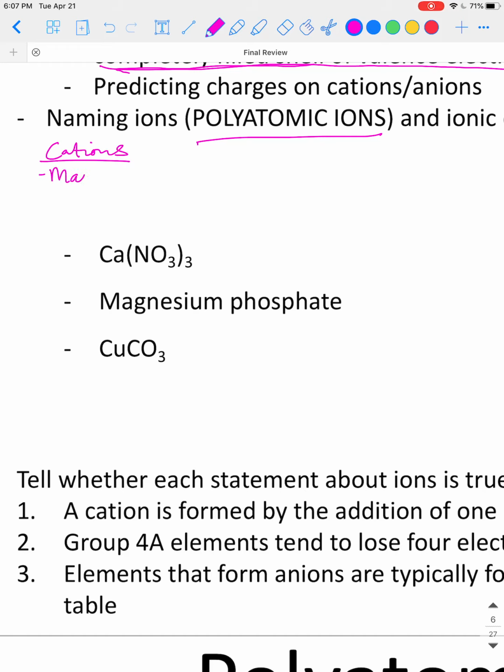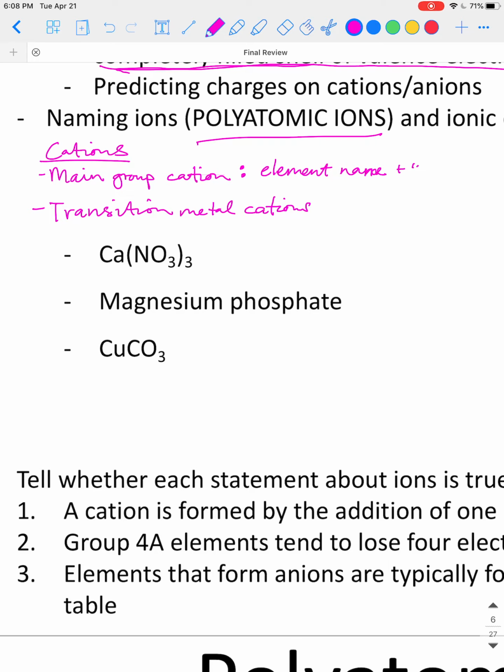If we're naming cations, there's a difference between naming main group cations, or elements that become cations, and transition metal cations. If you're naming a main group cation, here's how you name it.